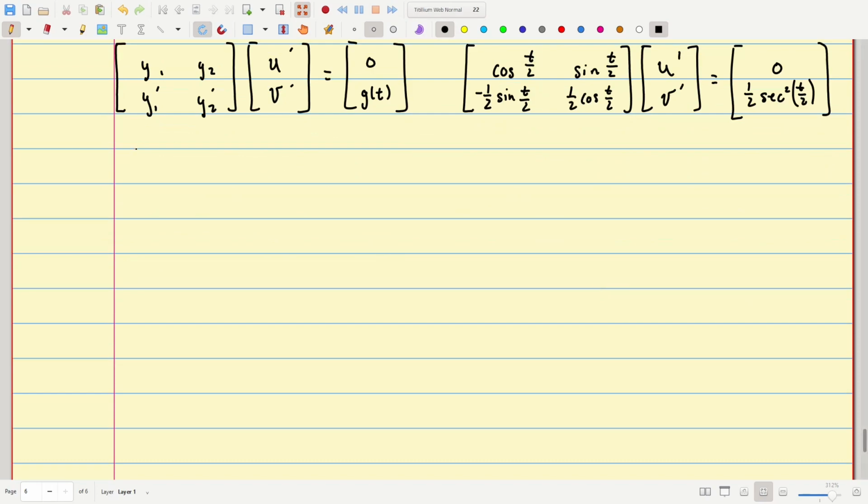Now we are going to use Cramer's rule in order to set up equations for u prime and v prime. I will begin by computing the Wronskian of this original matrix, because I know that that's going to be in the denominator when we do our other computations, just to get it out of the way, so I don't have to recopy that.